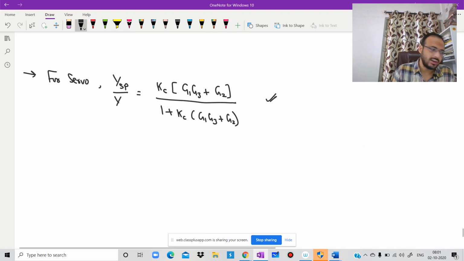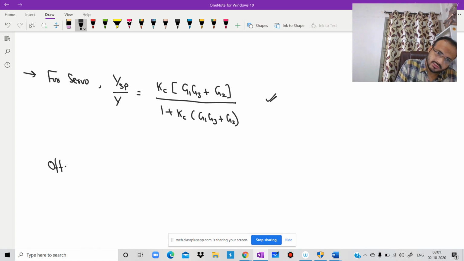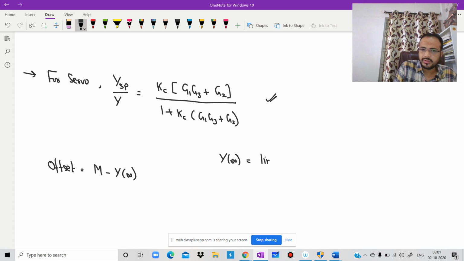Now you need to calculate the value of offset. For servo problem, offset is equal to m minus y infinite. So y infinite is equal to limit s tends to 0. I did one small mistake. It is y by ys.